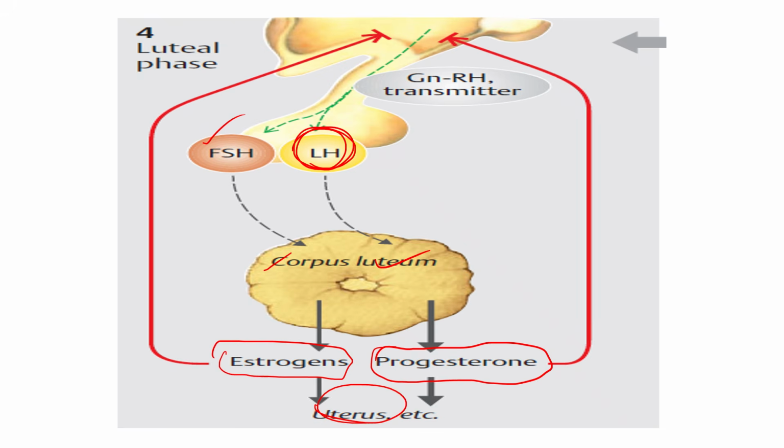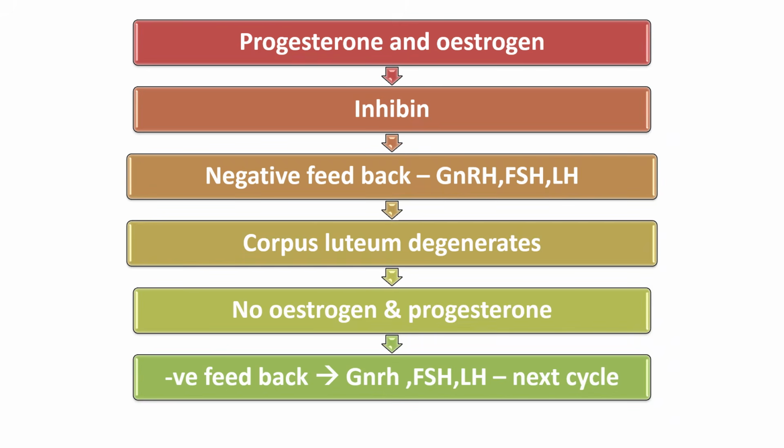These act over the uterus. So progesterone and estrogen create a negative feedback, and inhibin also inhibits GnRH, FSH and LH. And as there is no luteinizing hormone, the corpus luteum starts degenerating. If the corpus luteum is not there, there is no estrogen and progesterone.